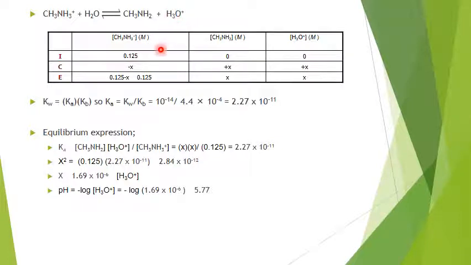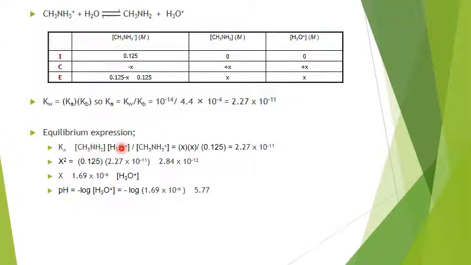So we can't use the Kb that we're given, but what we can do is change the Kb to the Ka using the relationship Kw equals Ka times Kb. Then simply rearrange the equation for Ka, and we get Ka is 2.27 times 10 to the minus 11. Right, and then we just follow through what we did before.